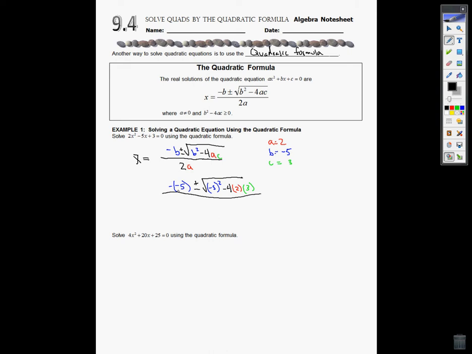Remember that the division symbol goes all the way over to this number as well. All over 2 times a, which again is 2.